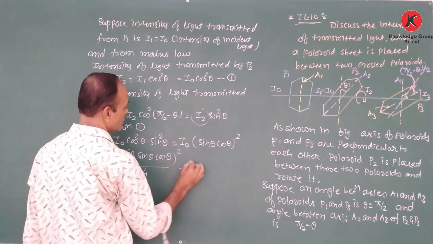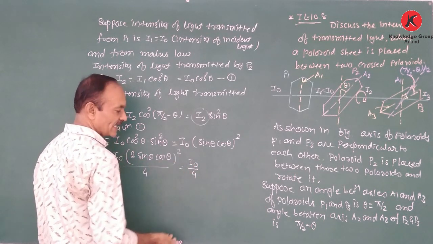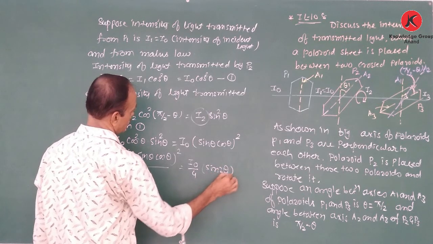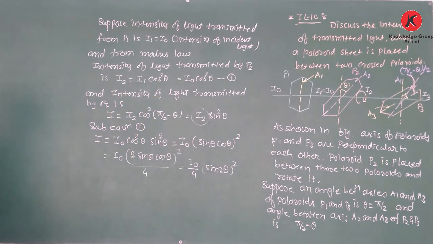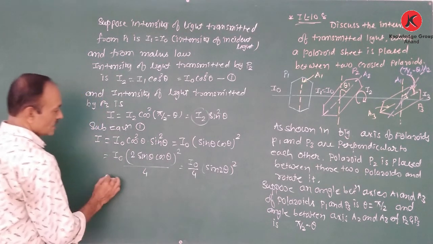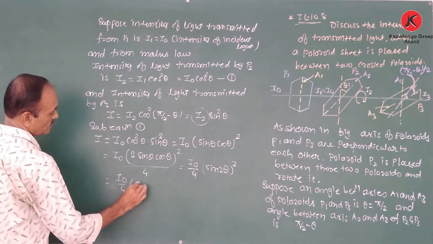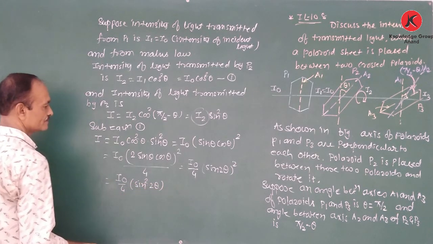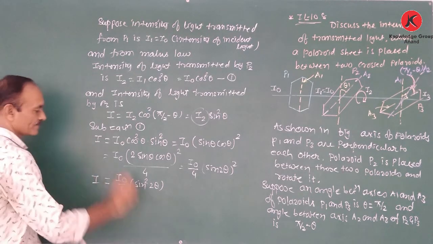Here 2 sin theta cos theta is sin 2 theta. So I is equal to I0 by 4 sin square 2 theta. That is our I.